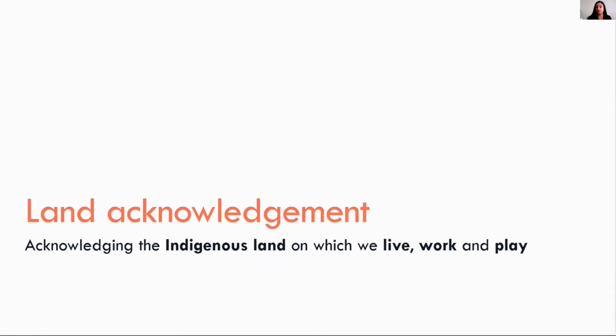And this particular territory is subject to the Dish with One Spoon Wampum Belt Covenant, an agreement to peaceably share and care for the Great Lakes region. I feel it's especially important to acknowledge the land, given the topic of this conference today. And personally, as an immigrant and a settler to this land, I'm grateful for the opportunity to be and live here. I am unlearning the false history that I was personally taught and becoming more mindful and aware of the responsibility to engage in meaningful reconciliation.